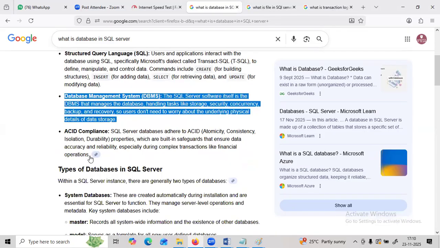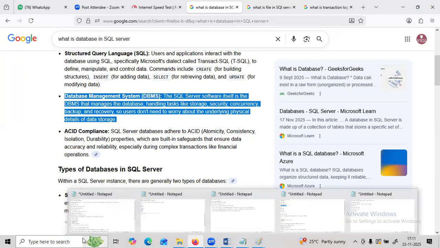Okay, so before discussing the ACID properties, we need to understand what a transaction is and what types of transactions we have. Then we can go for the ACID properties. So let me go for the thing.